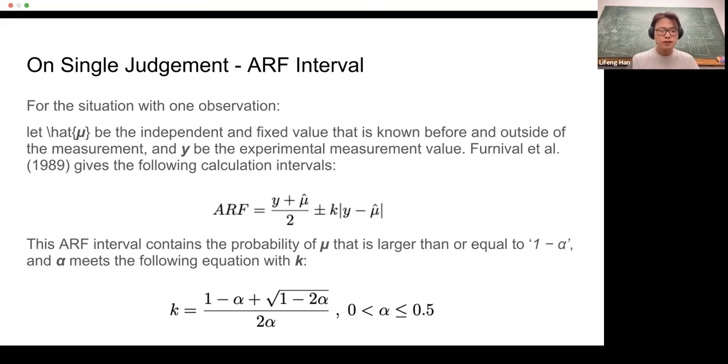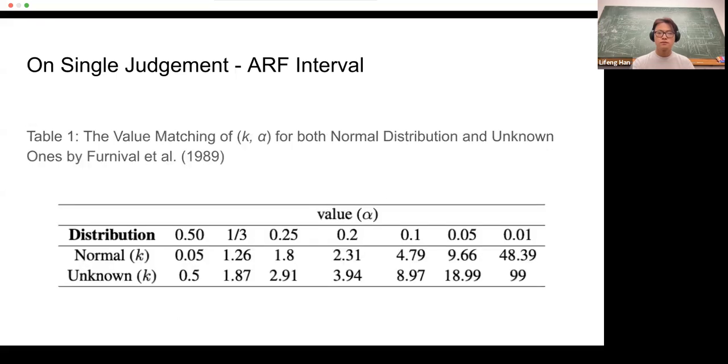Fermino et al. in 1989 give the following calculation intervals of ARF. This ARF interval contains mu with probability larger than or equal to 1 minus alpha, and alpha meets the following equation with k. This table shows the value matching of k and alpha for both the normal distribution and the unknown ones by Fermino et al. in 1989.